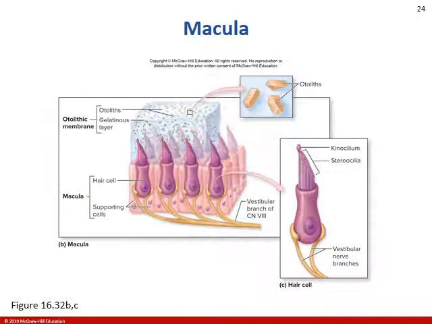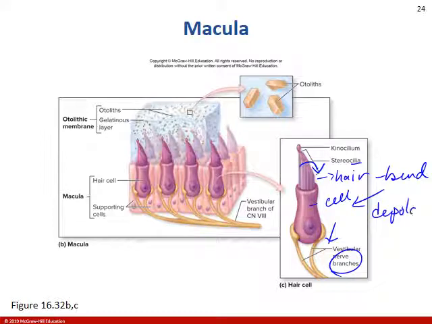I bet by now you could look at this image and you could tell me what's going to happen before I tell you. We have a cell. We have hairs. We have a nerve branch. So what do you think is going to happen? We're going to bend the hairs. They're going to cause the cell to depolarize, and that's going to generate an action potential that's going to travel on this nerve.